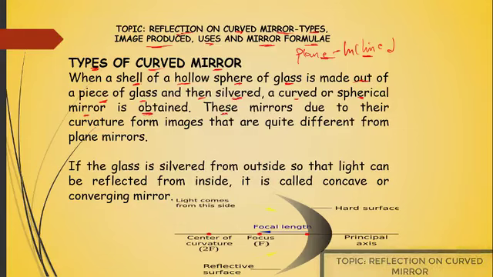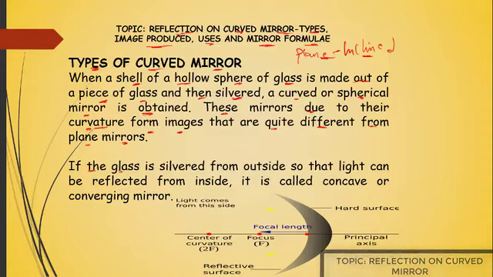Now, these mirrors, due to what we call their curvature, form images that are quite different from plane mirrors. When we talk about curvature, we're simply referring to how these mirrors are curved.